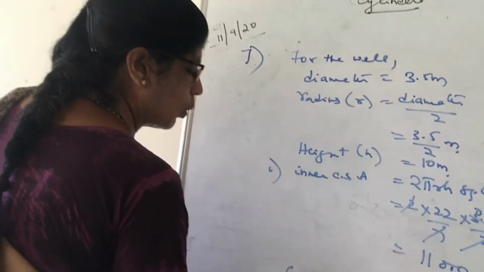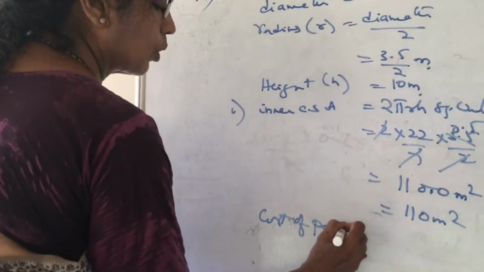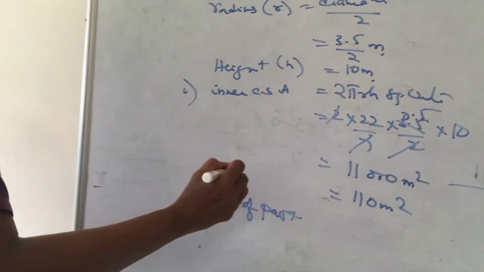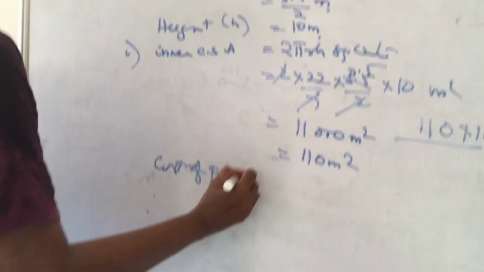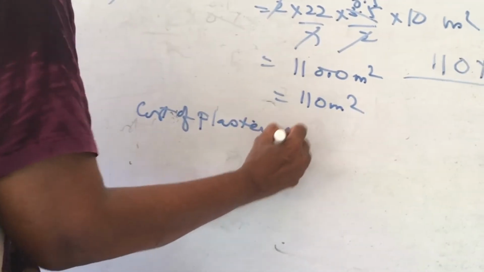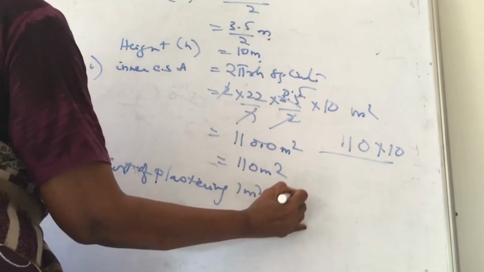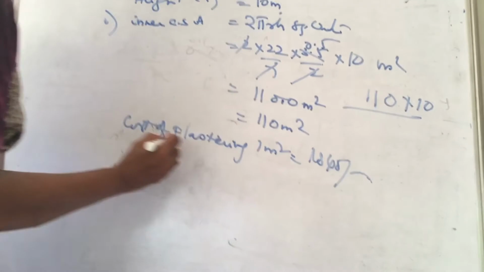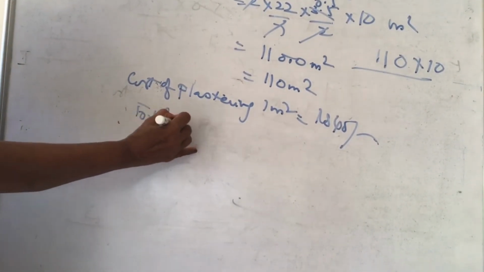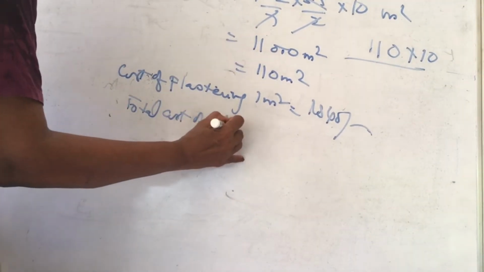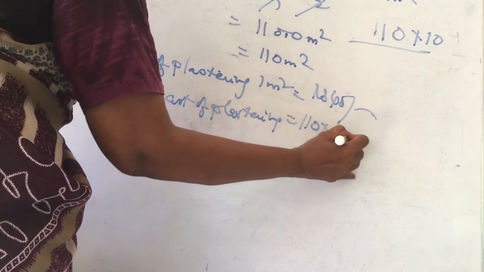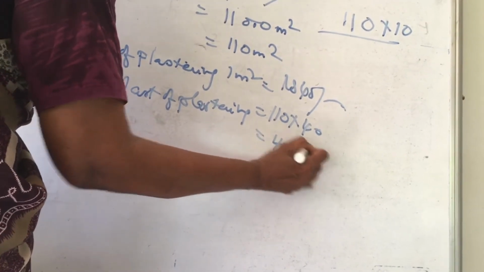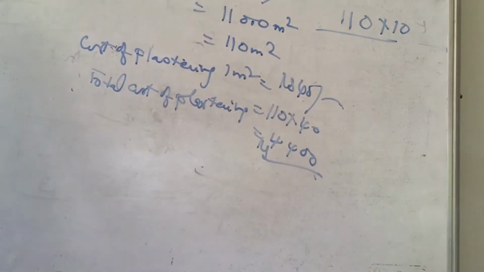What is the cost of plastering? Cost of plastering 1 meter square is how much, children? 1 meter square is equal to rupees 40. Therefore, total cost of plastering is equal to 110 into 40, that is equal to rupees 4,400.